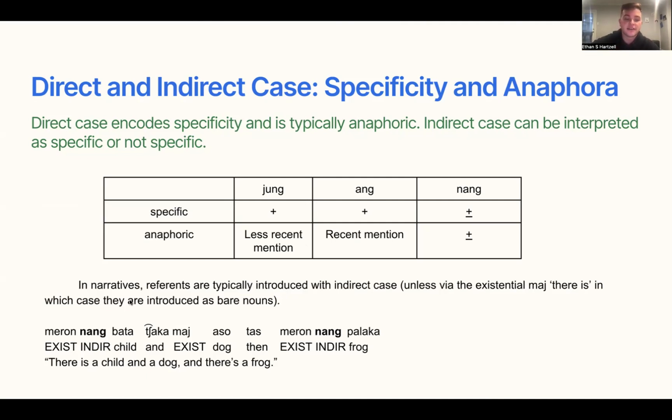But so looking at the frog story, in narratives, referents seem to be typically introduced with indirect case, unless via the existential may, which takes a bare noun. So we have meron ng bata, tsaka may aso, tas meron ng palaka. So there is a child and a dog, and there's a frog.